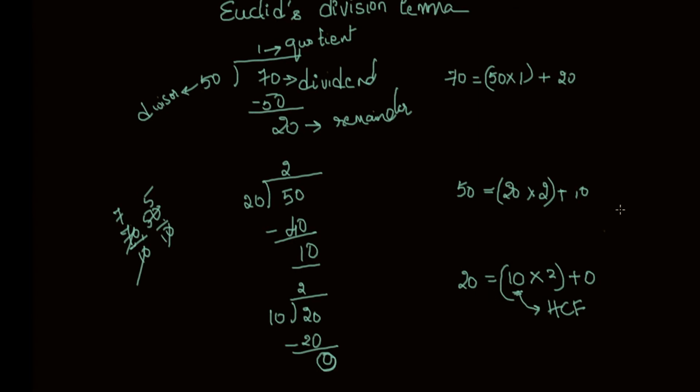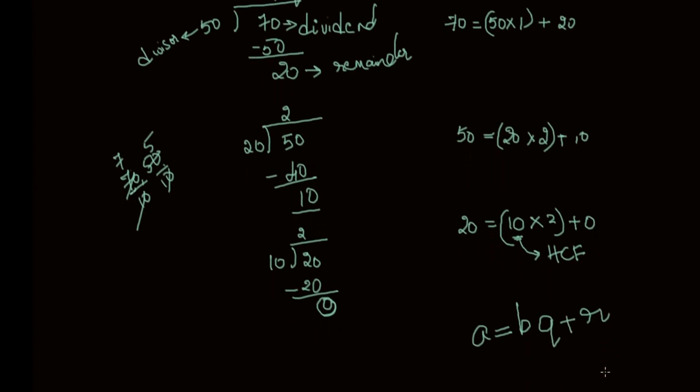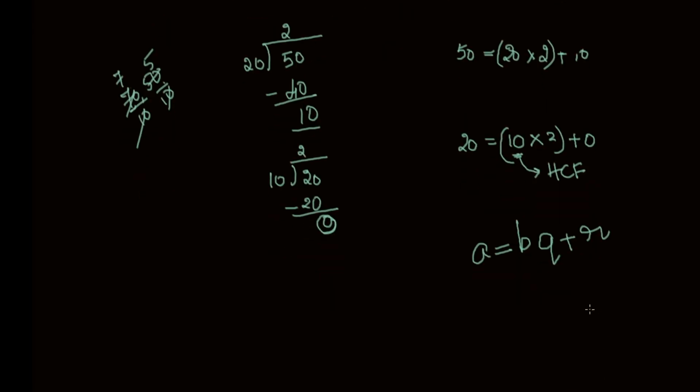If we want to write this equation in the form of an algorithm, that would give us a equals b q plus r, where a and b are positive integers and q and r are unique numbers where 0 is less than or equal to r, which is less than b.